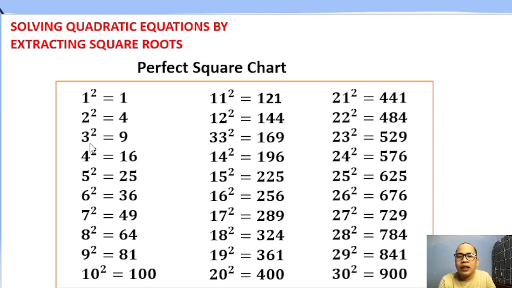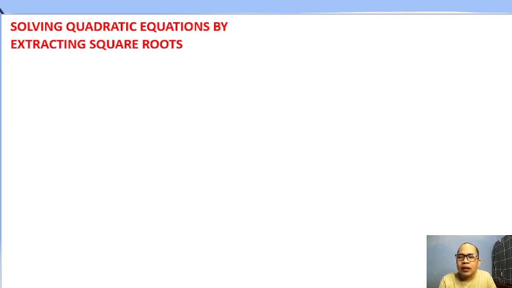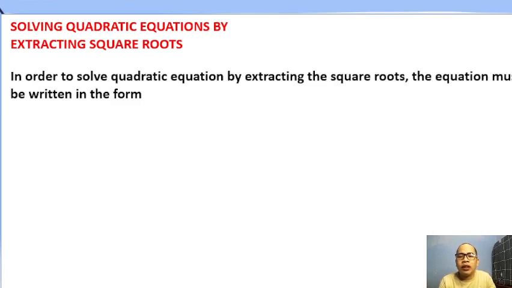Now, in order to solve a quadratic equation by extracting the square roots, the equation must be written in the form x squared equal to c. So, tandaan po natin, x squared equals c. Ito po yung form dapat ng quadratic equations natin.